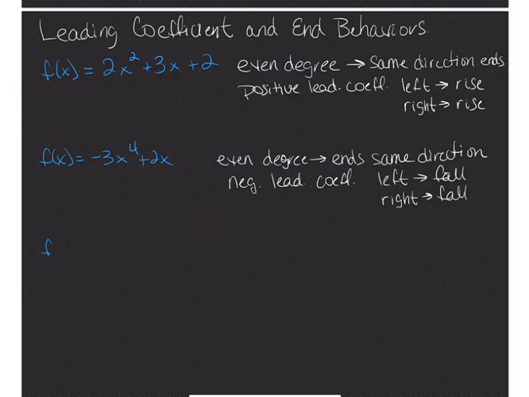So let's say we had f of x equals 4x to the 3rd minus 2x squared. So we know this is an odd degree. And if with an even degree the ends go in the same direction, what do you think odd degrees are going to do, the ends?